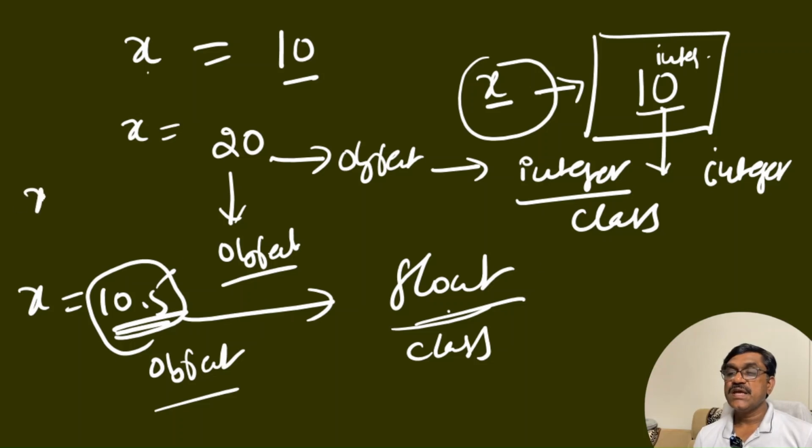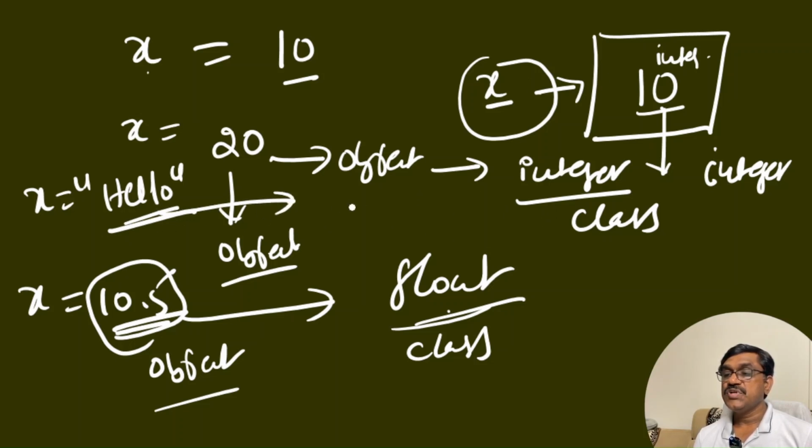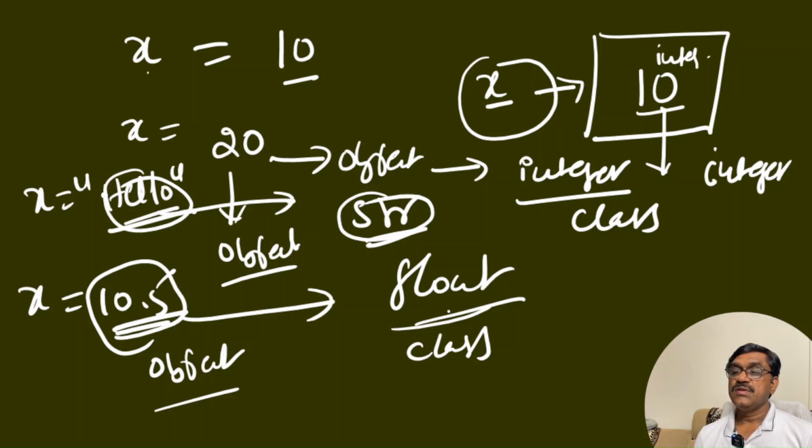Now if I say x equals hello, here hello is stored in the memory, right? Hello is the object which belongs to the class string. Class name is string and the object is hello. This is how everything in Python is treated as a data item, and every data item is nothing but an object.